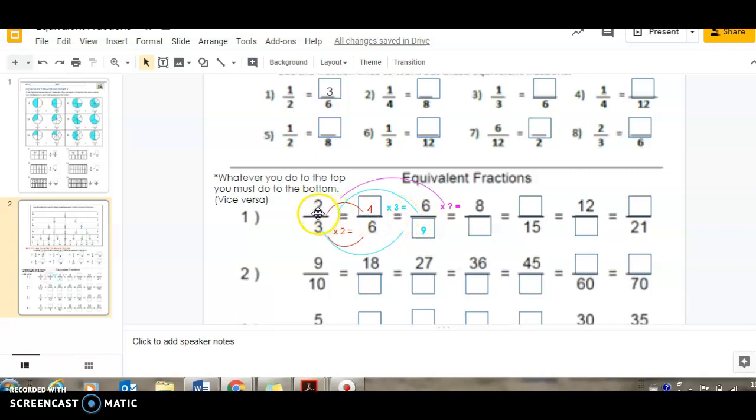So if I multiply 2 times 3, I get 6. And so whatever I do to the top, I do to the bottom. 3 times 3 gives me 9. So now I have 3 equivalent fractions. I have 2/3, I have 4/6, and I have 6/9.